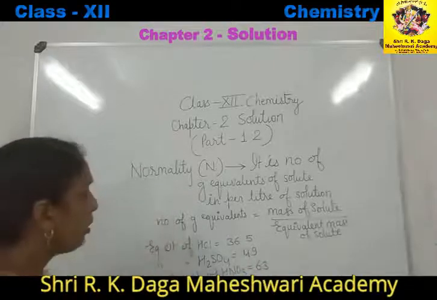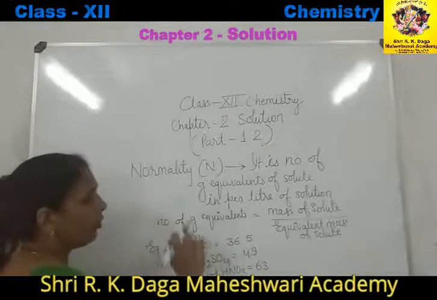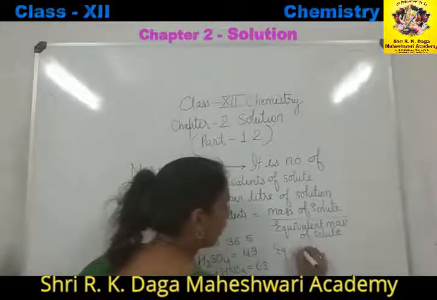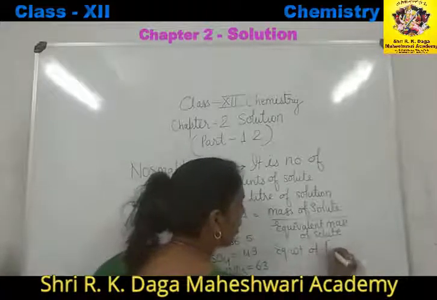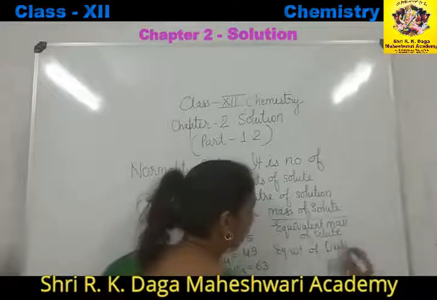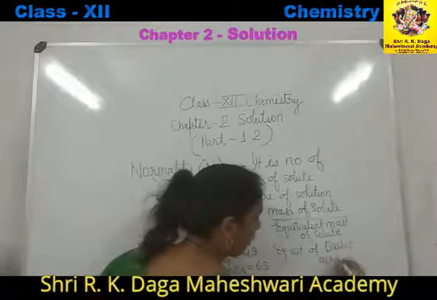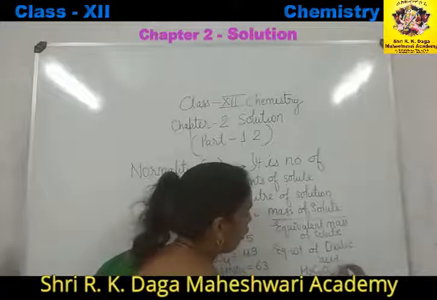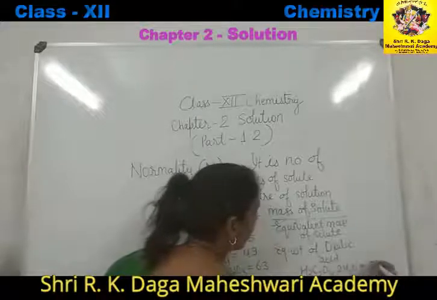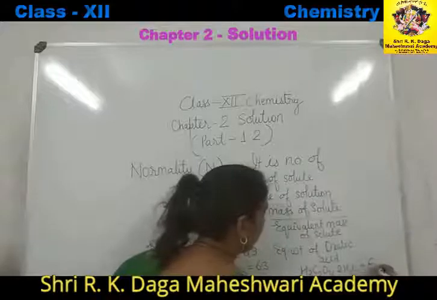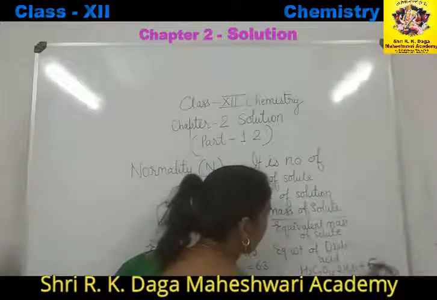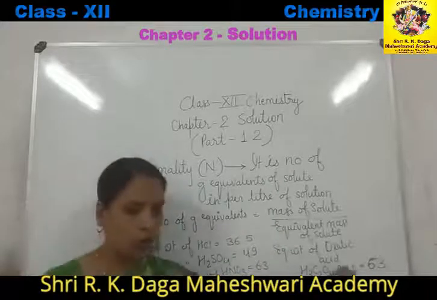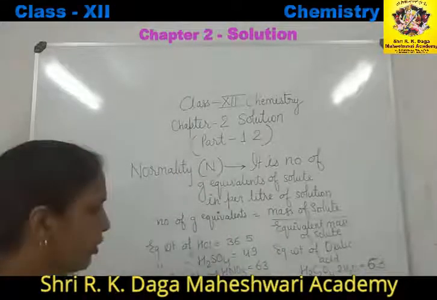Similarly, the equivalent weight of oxalic acid, formula H2C2O4.2H2O, is 63. This is the hydrated oxalic acid, because there are two molecules of water of crystallization.